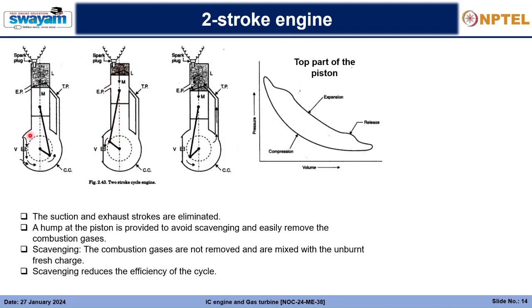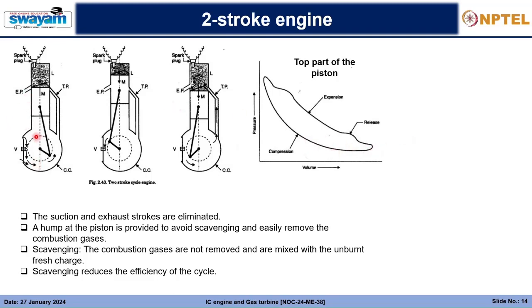Initially, when it was at the bottom dead center, the piston moving up will compress the entire charge, and the pressure will rise like this. Eventually, when it is decreasing, it will expand, and at a certain point the transfer port will be exposed, and some newer charge will go up. That is the release, and you will see a hump like this, and the cycle is completed.